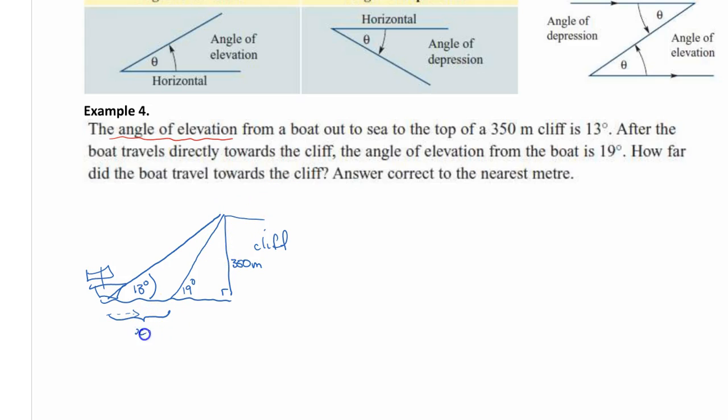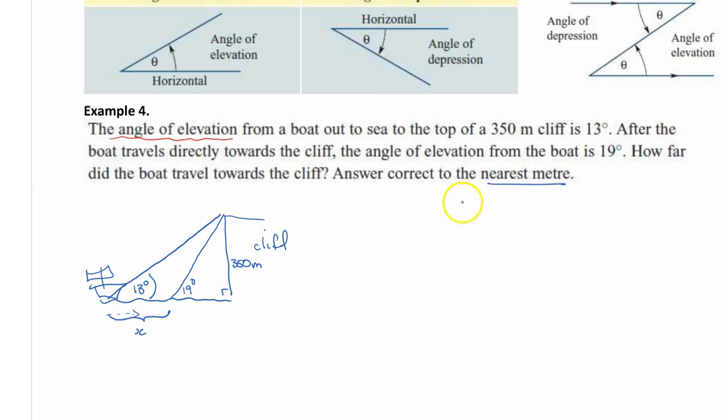So ultimately, that's going to become the distance that we need to identify, correct to the nearest metre. Hopefully you can see that X currently does not sit in a right angle triangle. So we cannot directly find X.